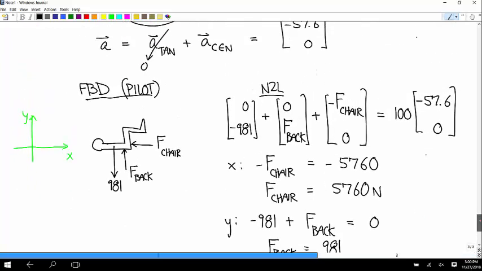And so now if we want the force vector on the pilot by the chair, that's actually both of these two things added together. So this is the force vector on the pilot by the seat.